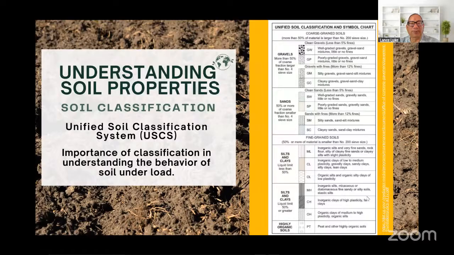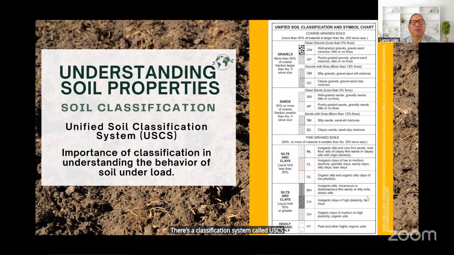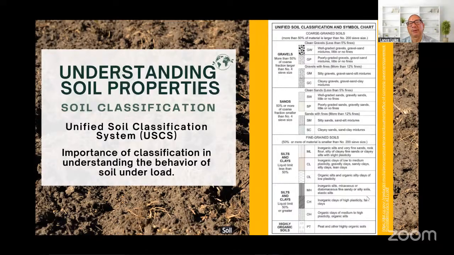Understanding soil properties. Now, this gets kind of technical. Soil classification. Believe it or not, there's a classification system called USCS, which means Unified Soil Classification System. And this is important because anybody reading the report would understand the importance of classification and the behavior of soil under load. So we're talking about soil that's just there.